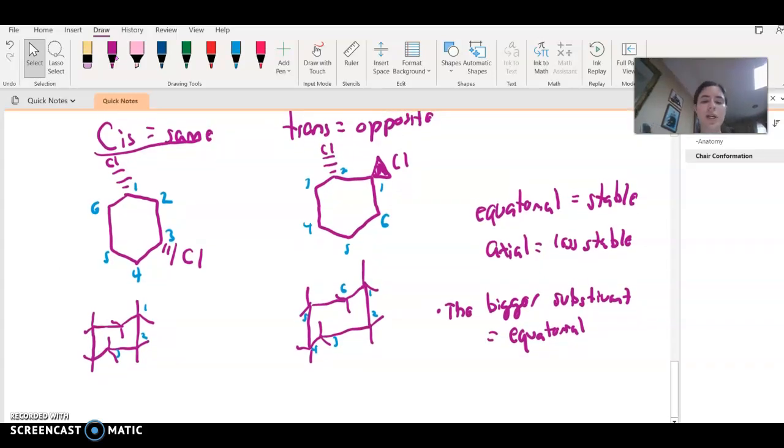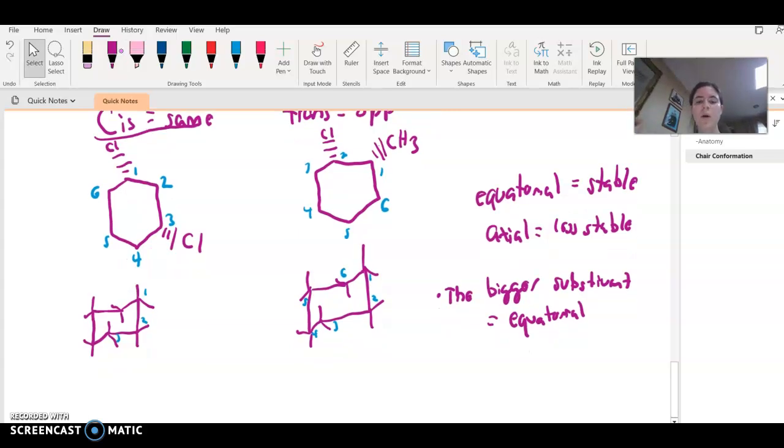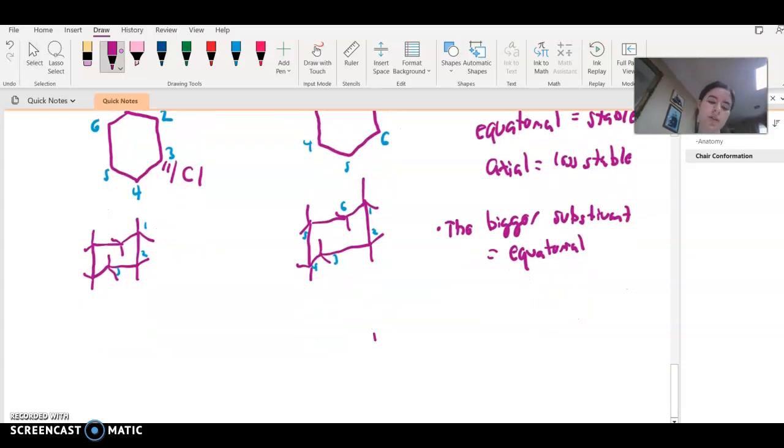So I am going to change the substituents here. So what if we have a methane? So let's make a methyl group. So a methyl group, if we draw it out, chlorine is just one atom, but a methyl group is going to have little hydrogens on it.